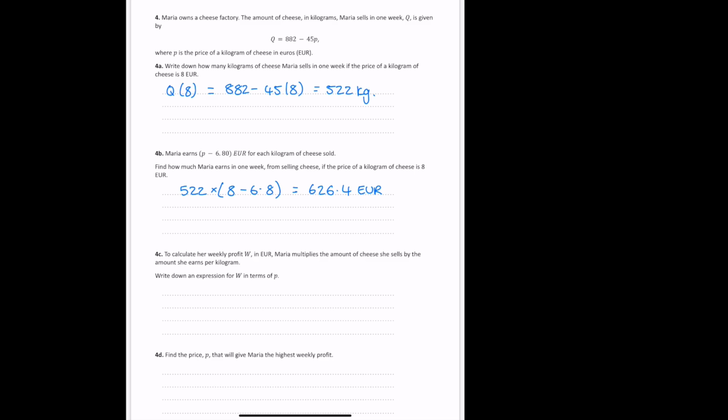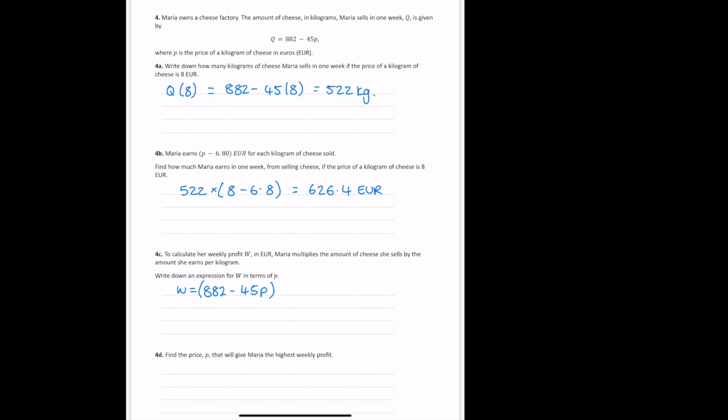And then to calculate her weekly profit, Maria multiplies the amount of cheese she sells by the amount she earns per kilogram. So I now need to multiply these two functions together. So that means that the profit, which she's given us as W, is equal to 882 minus 45P, which we were given first.